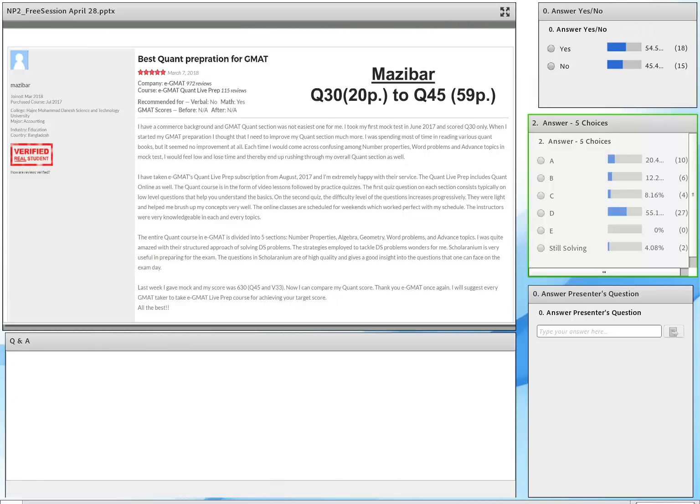And in his case, his basics were not strong enough. When his basics were not strong enough, he was given appropriate feedback. Because of quizzes that are built into each file, he was able to leverage data to help him. Mazibar was able to score Q45, which is 59 percentile in quant, and this was a huge improvement in his quant score.